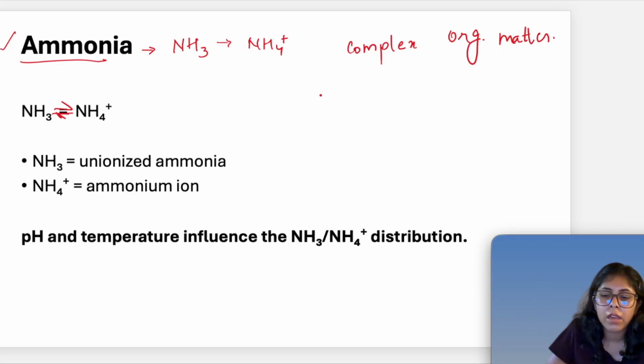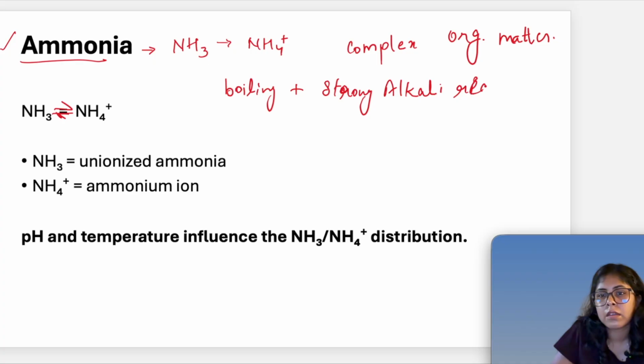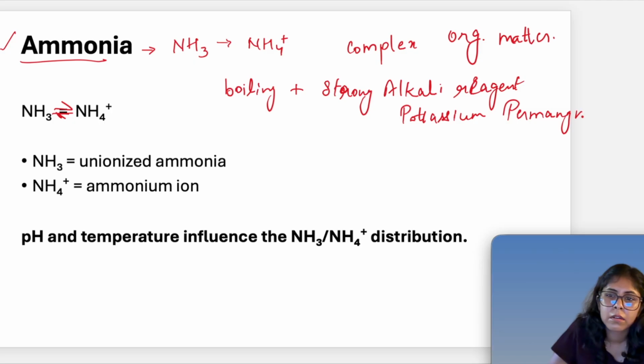We boil it and add some strong alkali reagent, for example potassium permanganate, KMnO4.